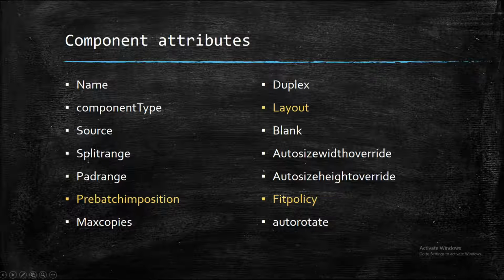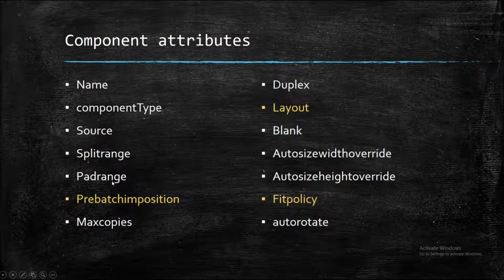The next two options use the range syntax that we spoke about earlier in one of the videos. And the first one, split range, basically specifies what page of the inbound order content we are going to use for this pre-batch component. And we'll see how that works in the next video.